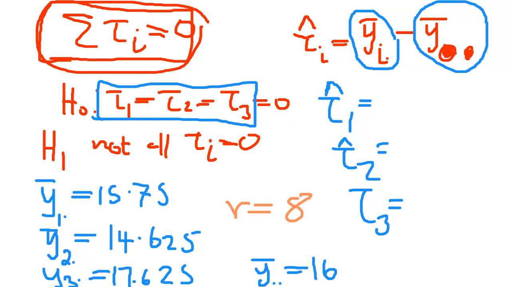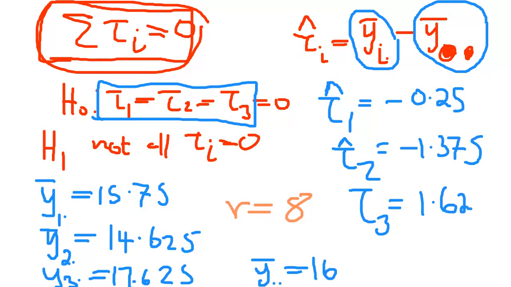The first tau estimate, negative 0.25. The second one is negative 1.375. And the third one is 1.625.